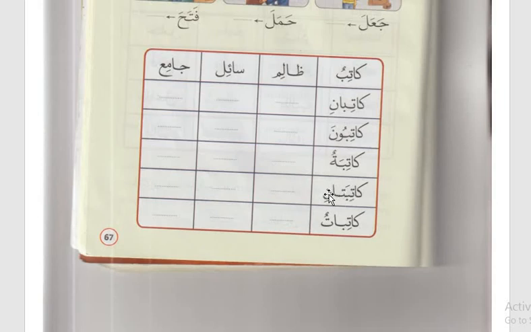How did I know this is dual feminine? I know this is dual because there is alif and nun. But I know that this is dual feminine because there is ta. So, katibatani, we want to make it the same way for the word ظالم. It becomes ظالمتان. كاتبتان ظالمتان. كاتبات ظالمات. Now let's move to the next one.